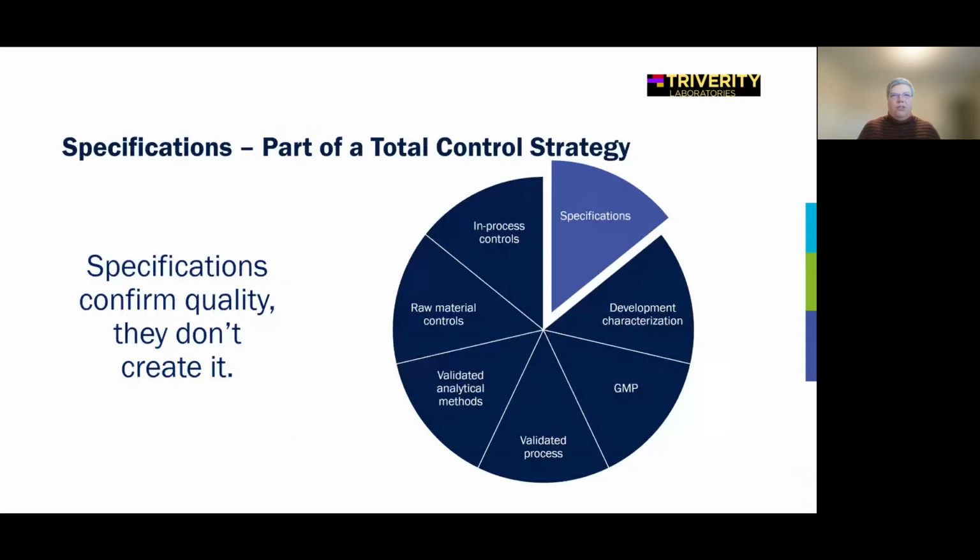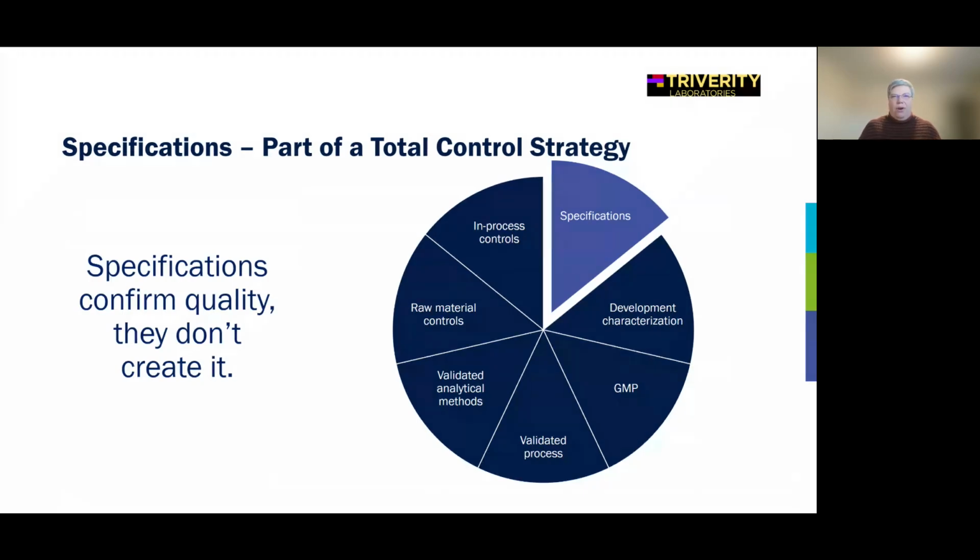So the specifications really are part of a total control strategy. I kind of like to look at specifications being the QC side of quality. So you have your quality assurance side, which is the development work that you've done, your method validations, your batch records, your facility SOPs, all of that.